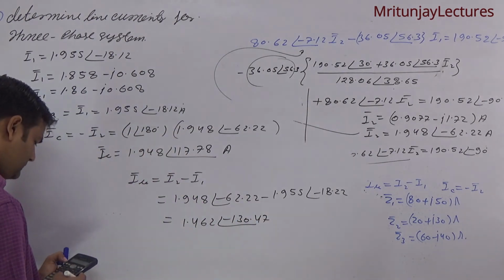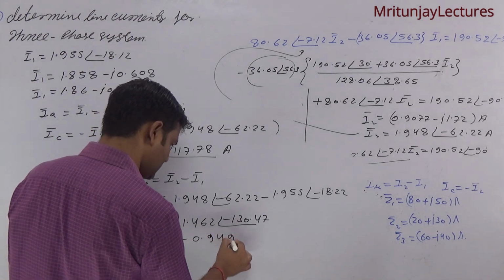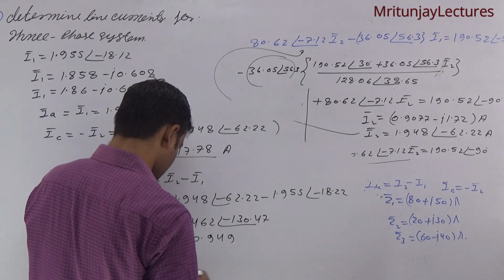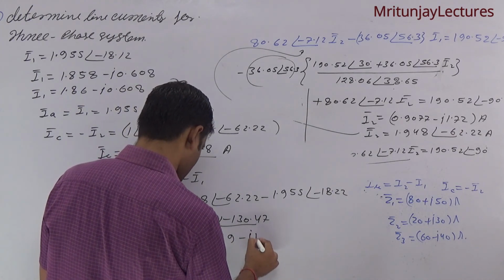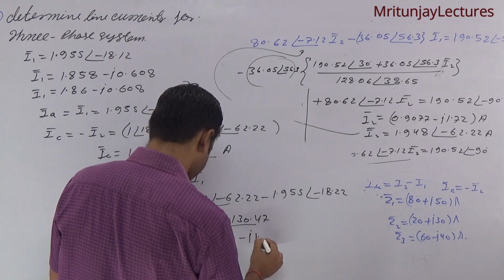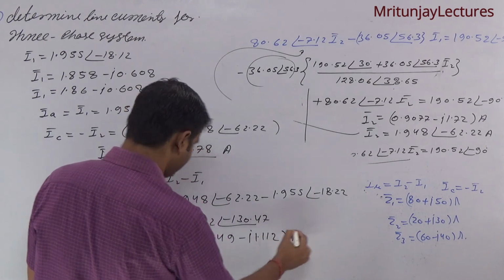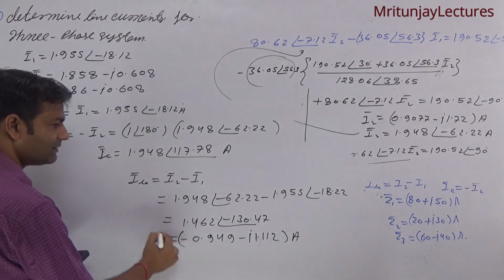Okay, and this one is converted, we got minus 0.949 minus j 1.112 ampere. Okay, that is the line current.